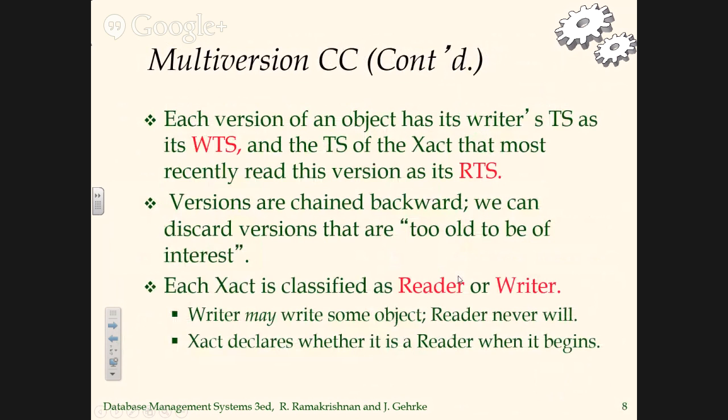Now, for each version of this object, you have a write timestamp: the timestamp of the writing transaction is the write timestamp. And the timestamp of the transaction that most recently read that particular version is the read timestamp.